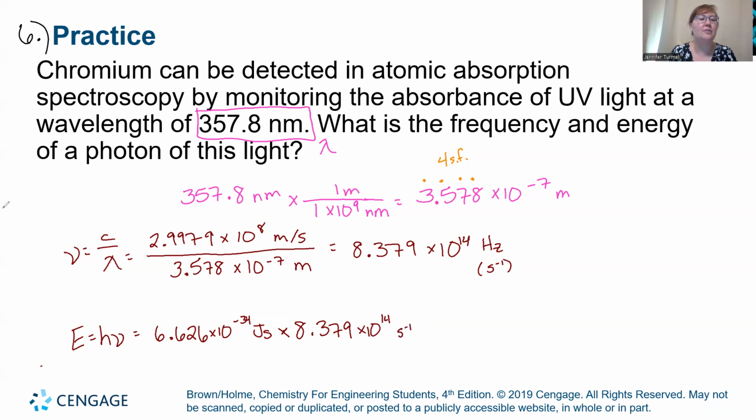Now it's easier to see how your seconds cancel out, and you're just left with joules. This gives you a value of 5.552 times 10 to the negative 19th joules.